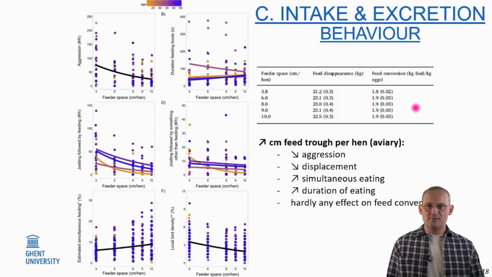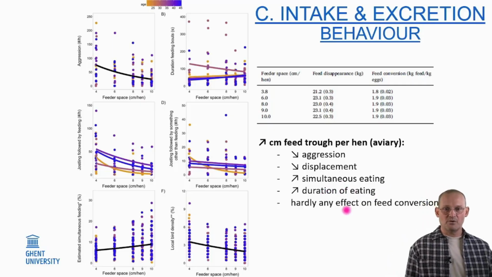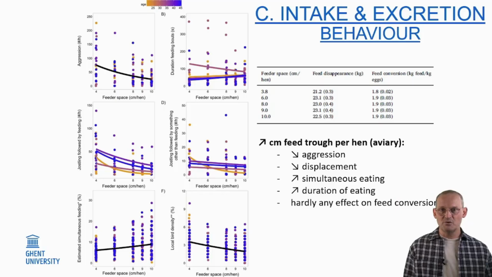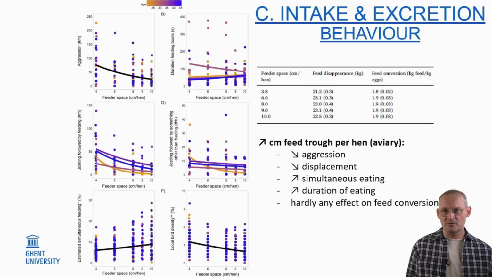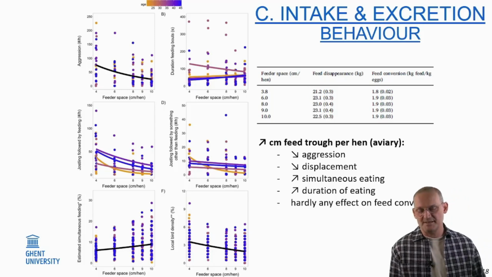If the number of centimeters of feed trough per hen increased, they observed less aggression, less displacement behavior, more simultaneous eating, and a longer duration of eating bouts. But as said before, hardly any effects on the feed conversion. So looking at behavior can give quite different insight than looking at production performance only.